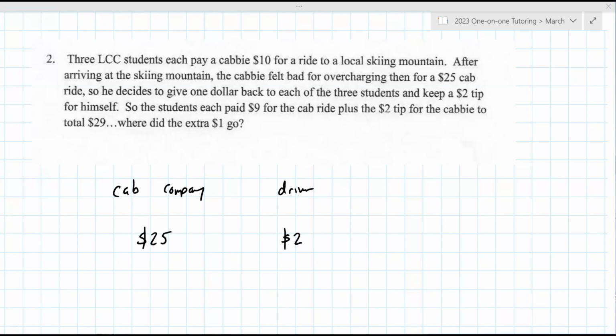It's not that they each paid 9, it's that customer 1, customer 2, and customer 3 still have $1 in their pocket. So it's better to look at this from the perspective of where the money actually is, not this sort of convoluted scenario. Basically, there is no missing dollar, I guess, is the point here.